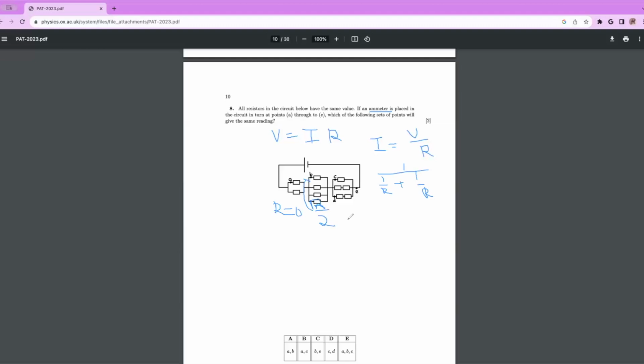Is this actually how it's supposed to work? Because if that's the case, then C and D should have the same resistance considering they're here. But that wouldn't make sense, would it? Ammeter is placed in the circuit in turn.